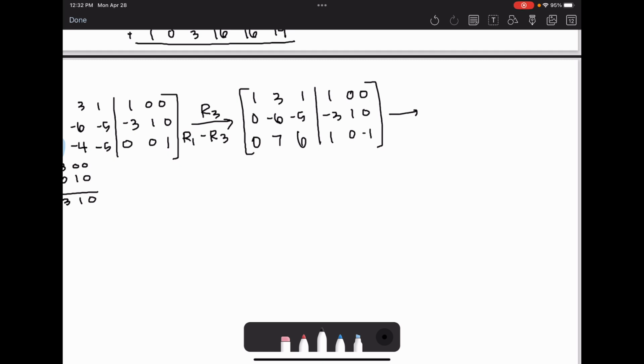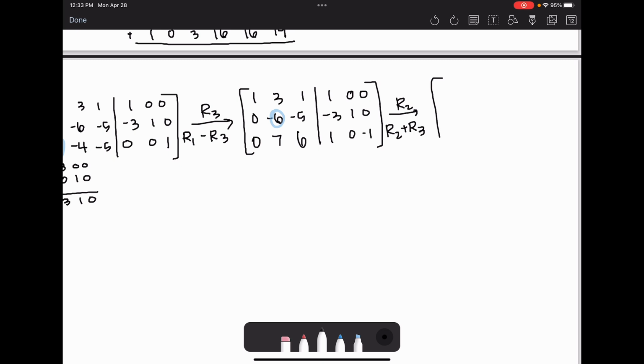Okay, so now the next thing that's nice is to get this to be a 1. And instead of dividing by -6 and having all of these fractions, it actually works out well to just add row 2 to row 3 because -6 plus 7 is 1. So that way we keep whole numbers. If you want to divide by -6, that's fine.